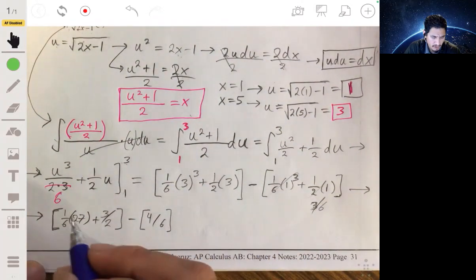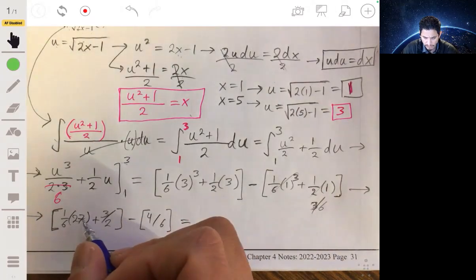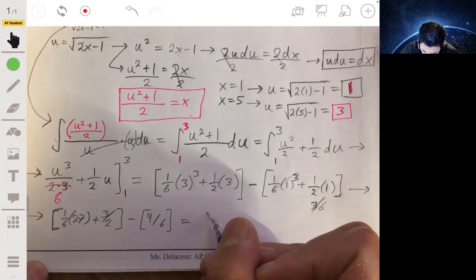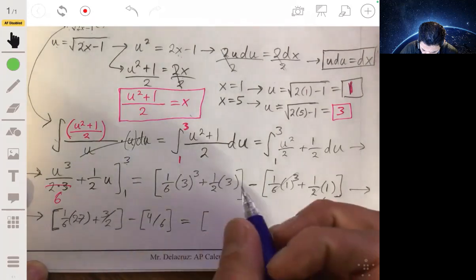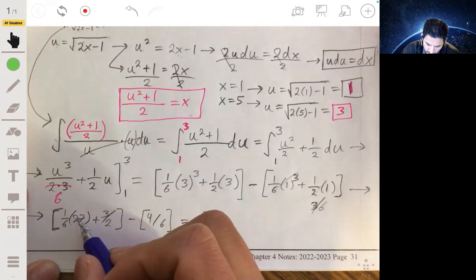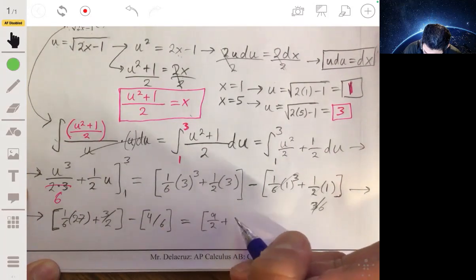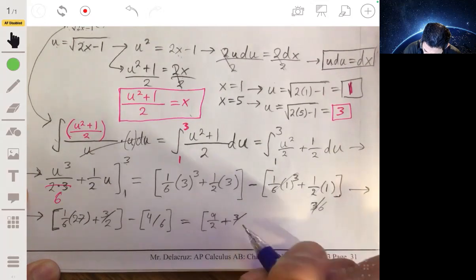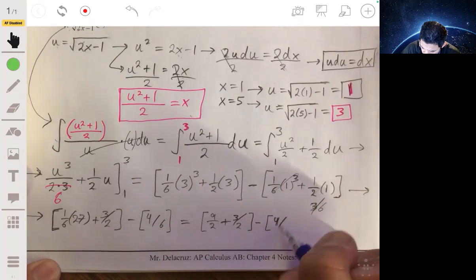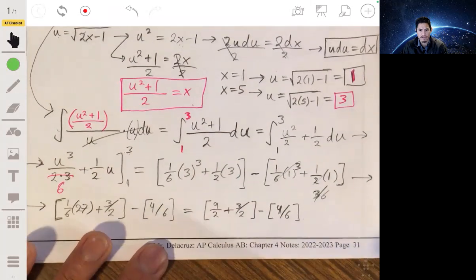So we're probably going to want to make this in terms of 6. So 27 over 6. Let me just divide them both by 3, 9 over 2, plus 3 over 2 minus 4/6, which is actually just 2/3. Let me just leave it as that for now.